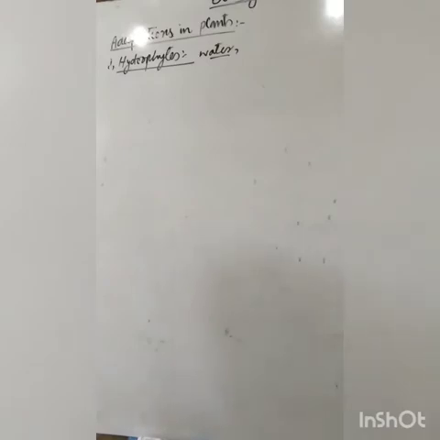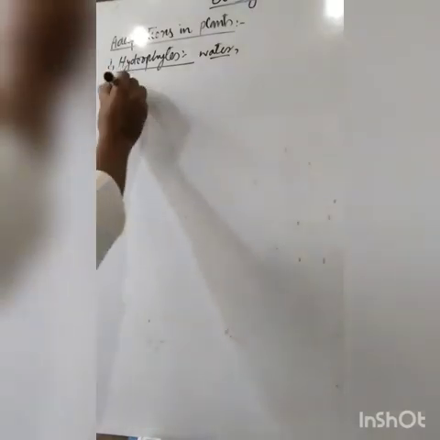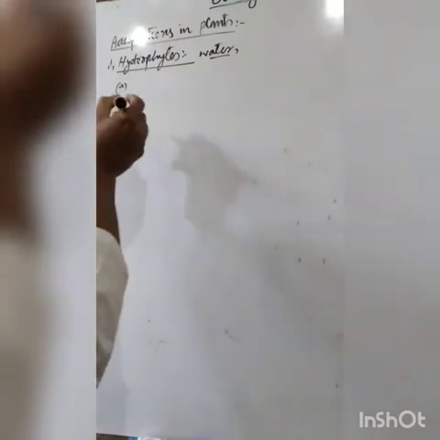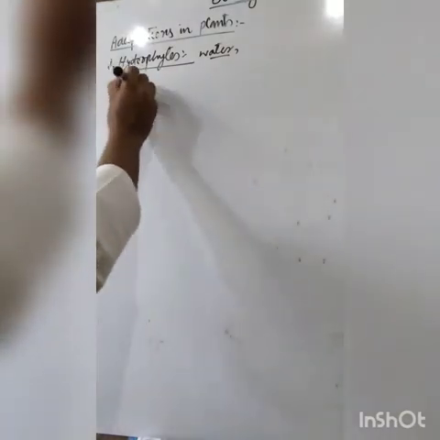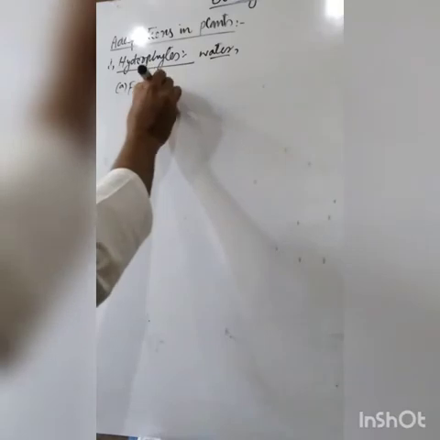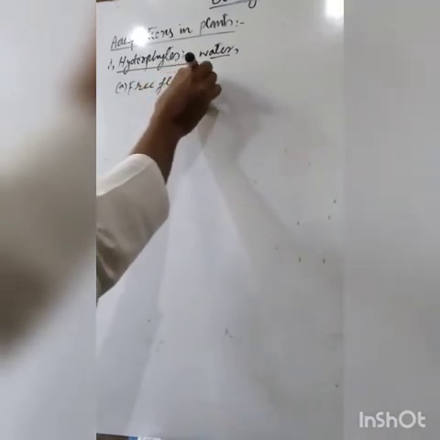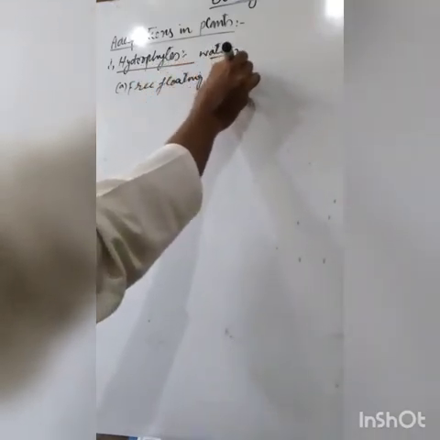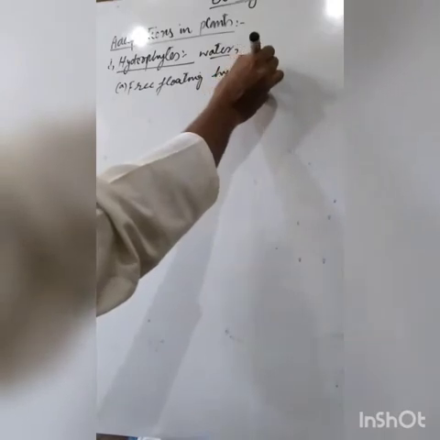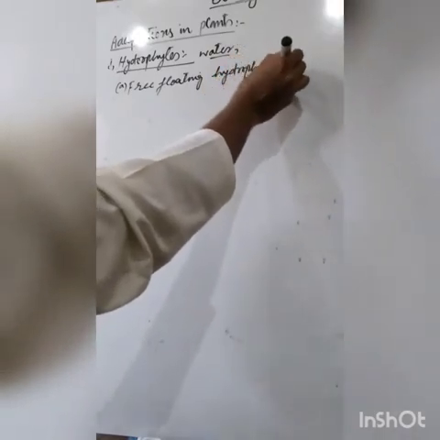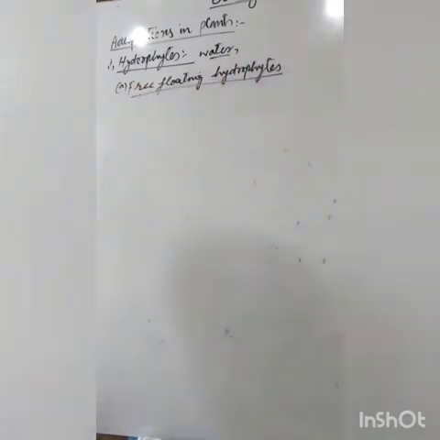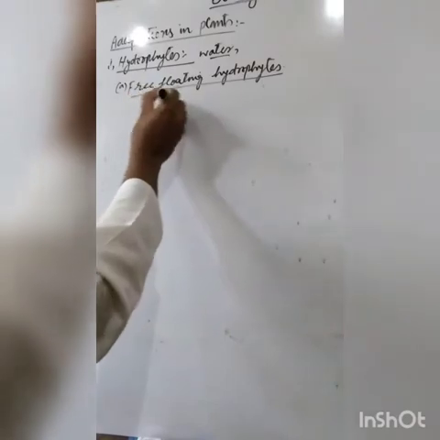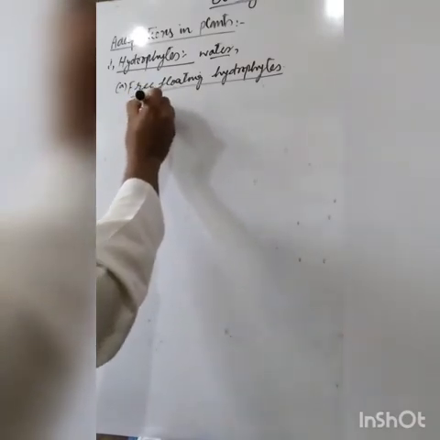Now these hydrophytes have been divided into different types. There is one type that is called free floating hydrophytes. These have no roots and they float on the surface of water.